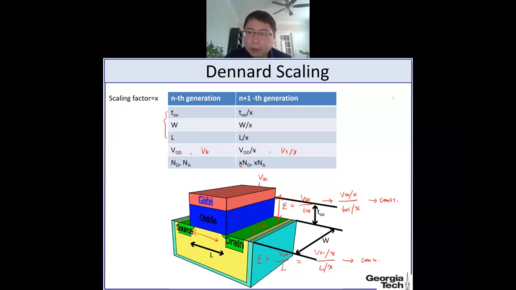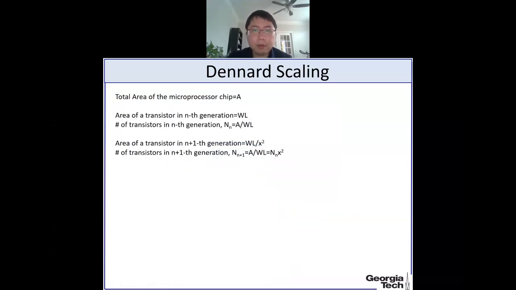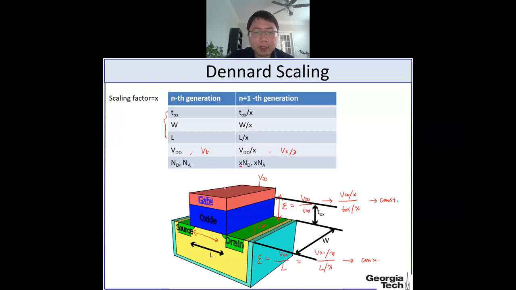All right. So this is our assumption, and let's do the derivation next. So let's assume the total chip area is A, and the area of a single transistor in the nth generation is W times L. Of course, the area will be larger than W times L because you still have the source and the drain.